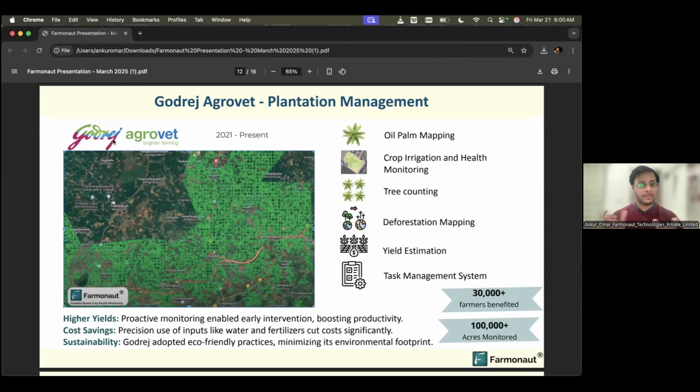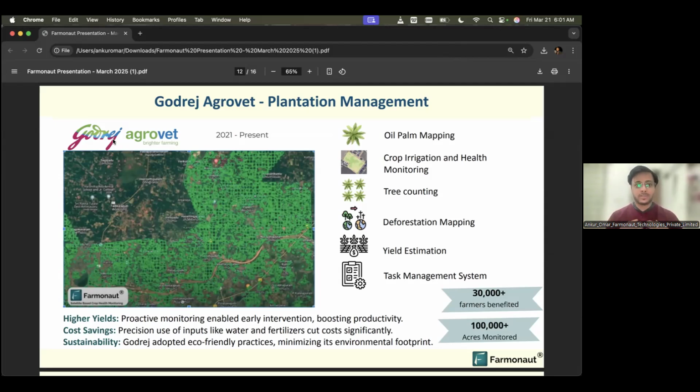So we help them identify the number of trees and then decide what next action should be taken on the ground. Similarly, because they're in the plantation business in a specific geography, they sometimes don't know where all they have not geotagged the same plantation. There might be a location in this geography where plantation exists, but they don't know.